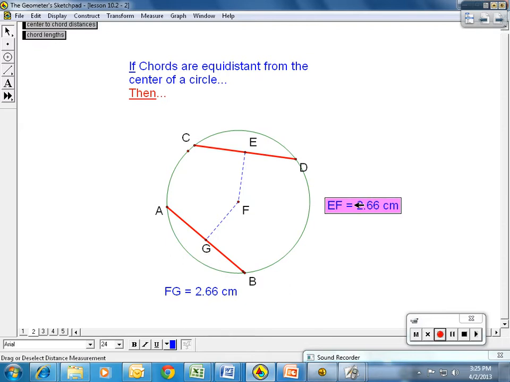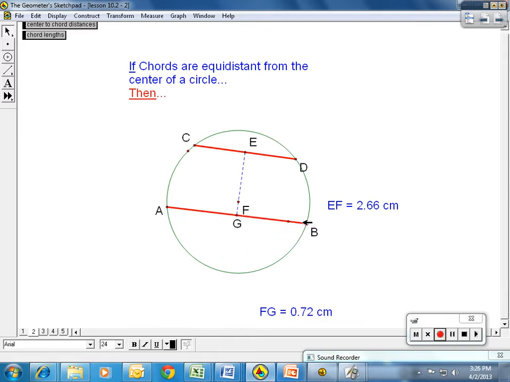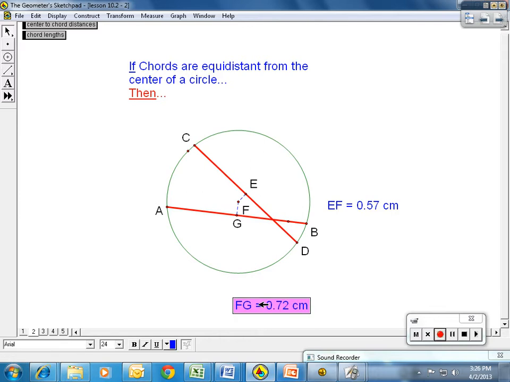So we'll set those aside and we'll see if this works for another chord. Let's make the chords cross one another. They might cross. Let's get these distances the same. So I'm going to play with this one until I get 0.72, 0.72.